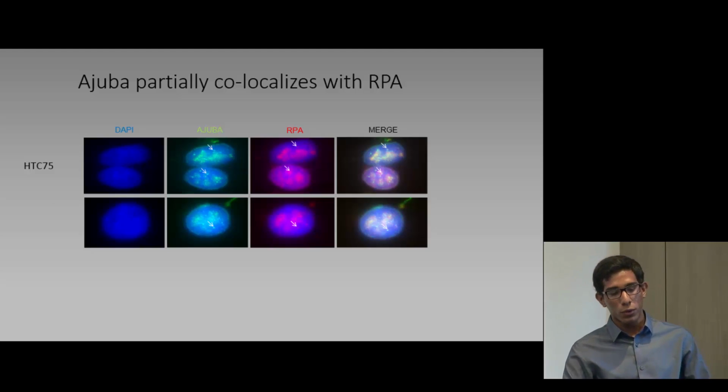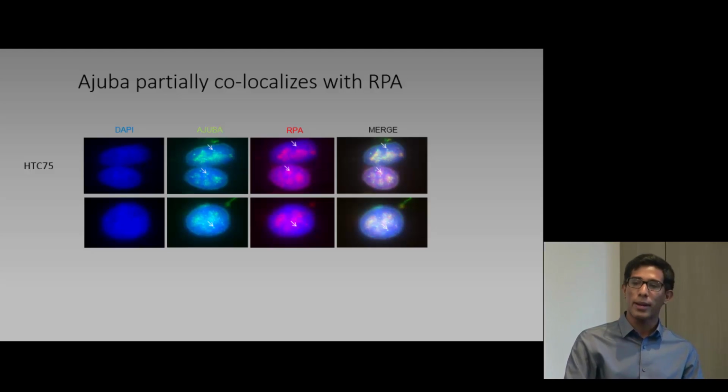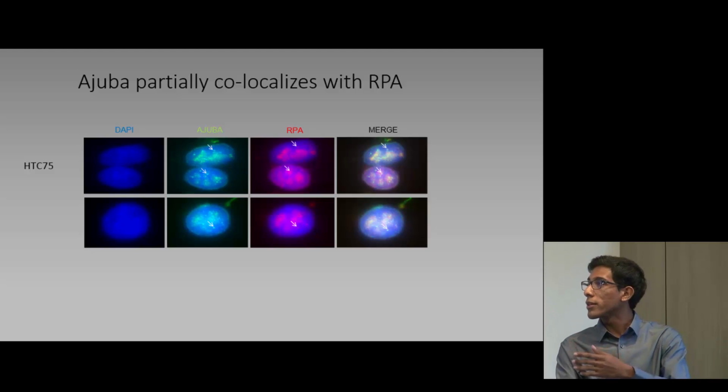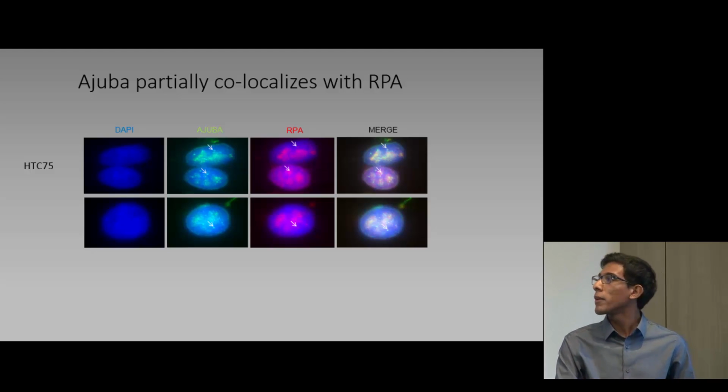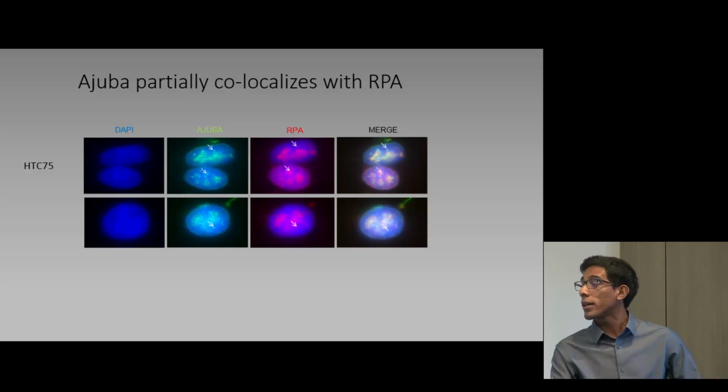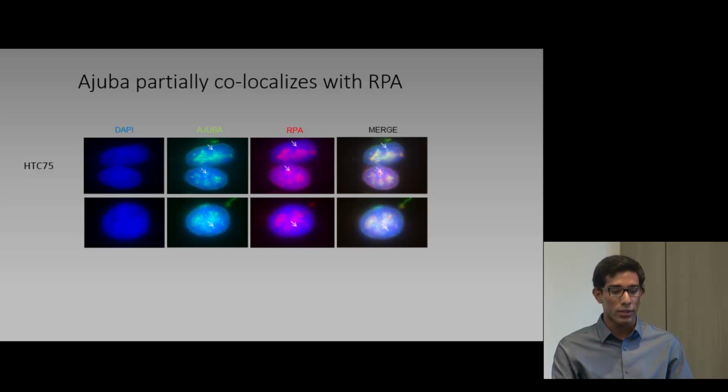To show that RPA and Ajuba co-localize, we inserted little white arrows pointing to dots where Ajuba and RPA are co-localizing. In the merge, when they co-localize, it turns a yellow color. So the merge photo is to prove that RPA and Ajuba co-localized.